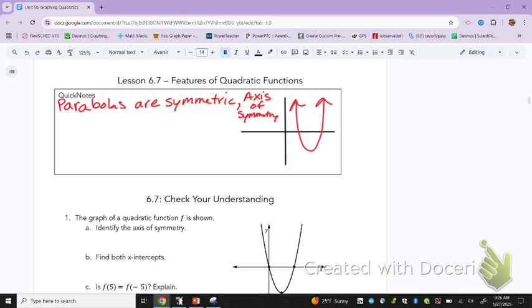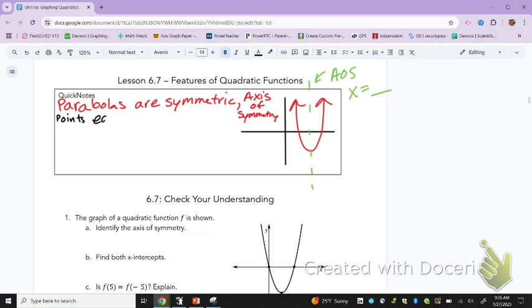And we talked about this first semester, so that should not be new vocabulary, but this is your axis of symmetry. It's always x equals a number.